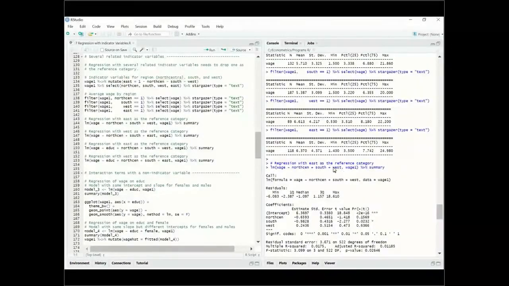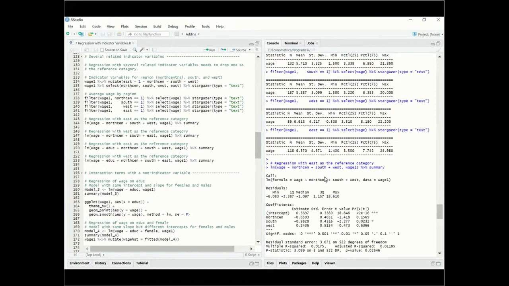When we interpret the results, we need to interpret them in comparison to the missing category that serves as a reference. So these are the regression results. Here, if we want to interpret the average wages in the West, we would say that the average wages in the West are 24 cents higher than the average wages in the East, because East was our reference category.